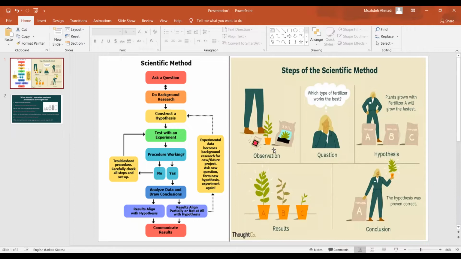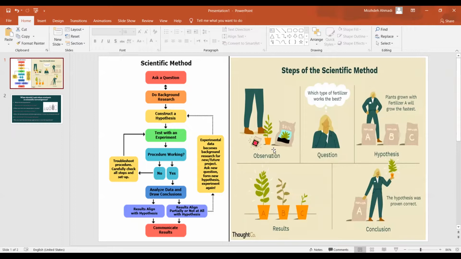And I say, okay, I ask a question of myself: which type of fertilizer works the best? For example, I have 3 types of fertilizer, and I make a hypothesis for myself.